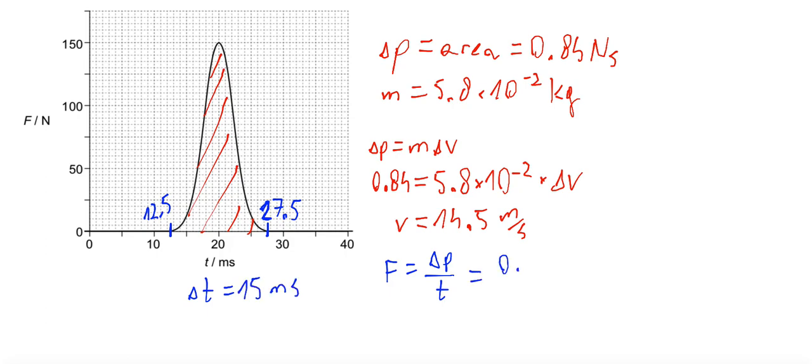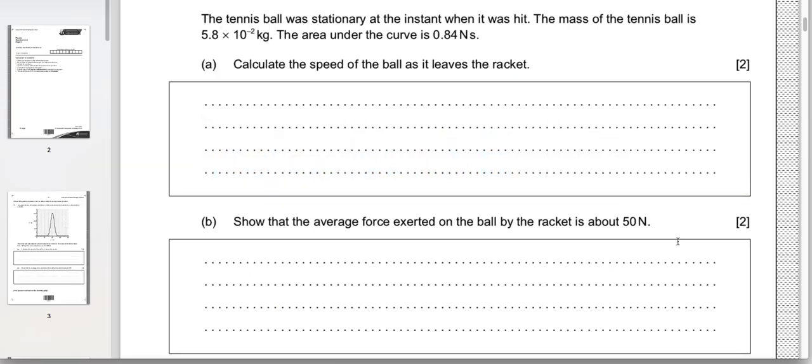Delta p is given, 0.84 over 15 times 10 to the power of minus 3. It will be a little bit more: 1, 2, 3, 4, a little bit more than 5, maybe closer to 60, but let's write approximately 50 newtons, so the average force is 50 newtons.